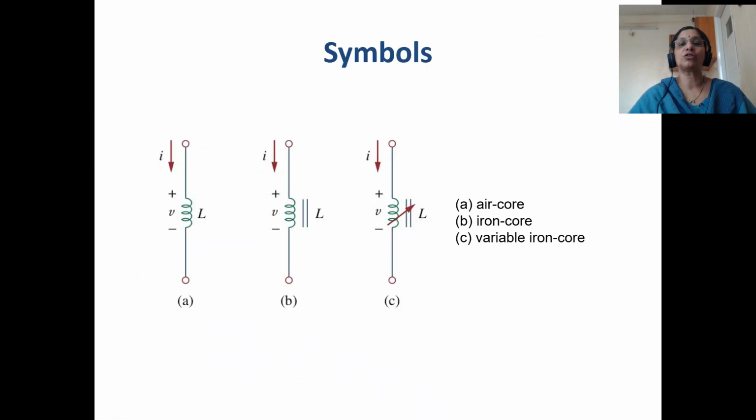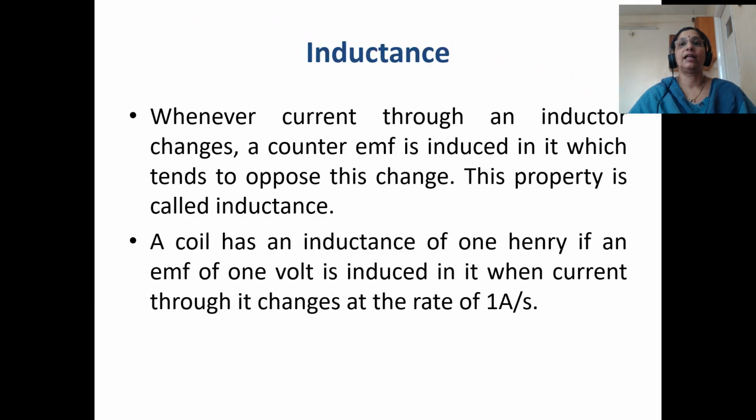These are the symbols of inductors. The basic types of inductors are air core, iron core, and ferrite core. There are even variable iron core inductors. Inductance is the property of an inductor, and this is how inductance is defined.